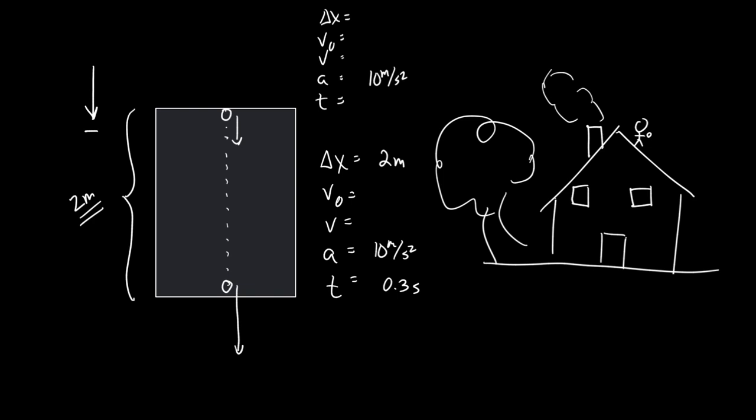In the upper interval, we don't know how long it took to reach that point of the window. We know it's accelerating at 10 meters per second squared. We only know one other thing. We know that it was dropped. So its initial velocity is 0. You know one other piece of information. Anybody here reason it out? Yes, sir. Maybe the final velocity.